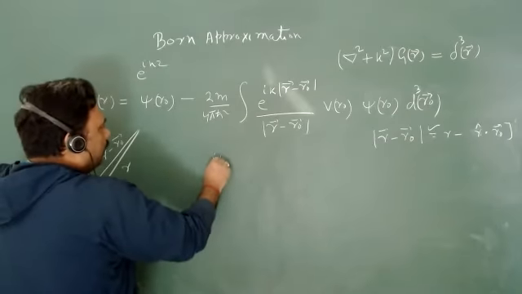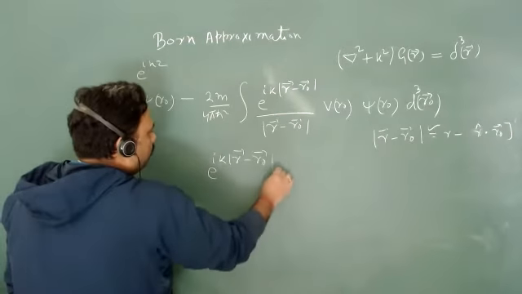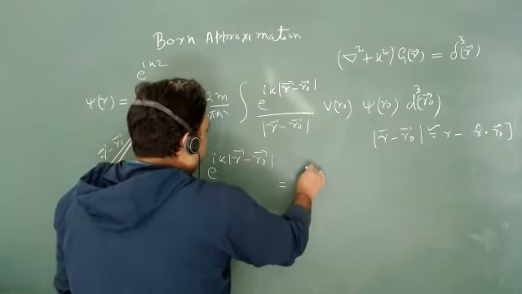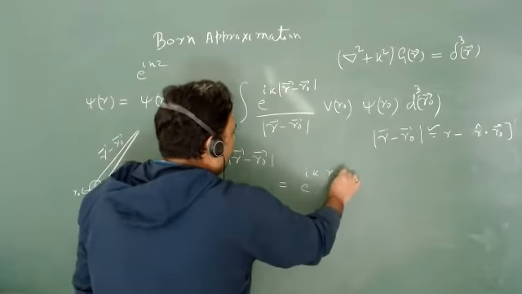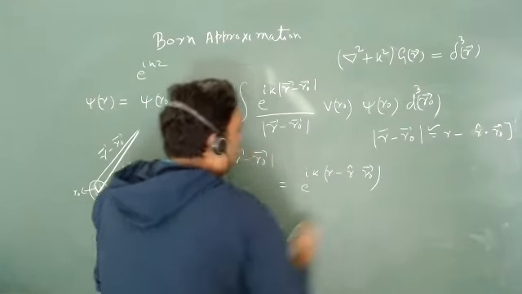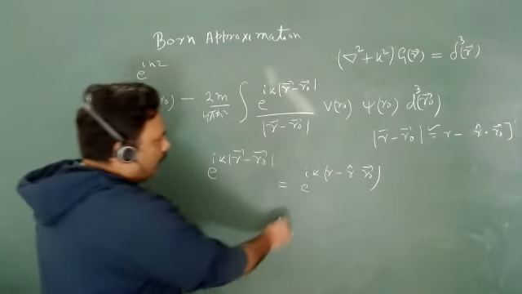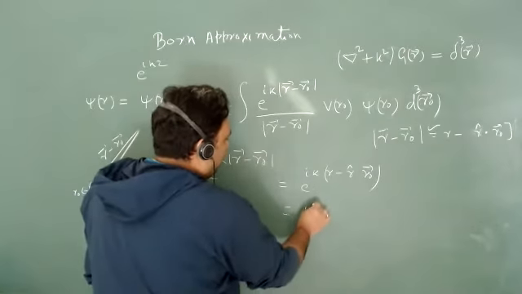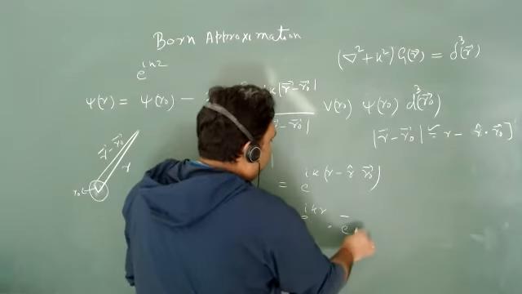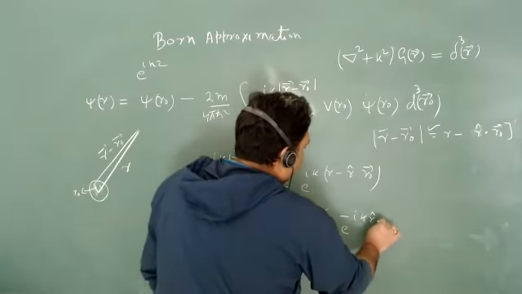E to the power i k times r minus r naught can be written as e to the power i k times r minus r cap. Can we write it like this? And this value is e to the power i kr into e to the power minus i k r cap dot r naught.